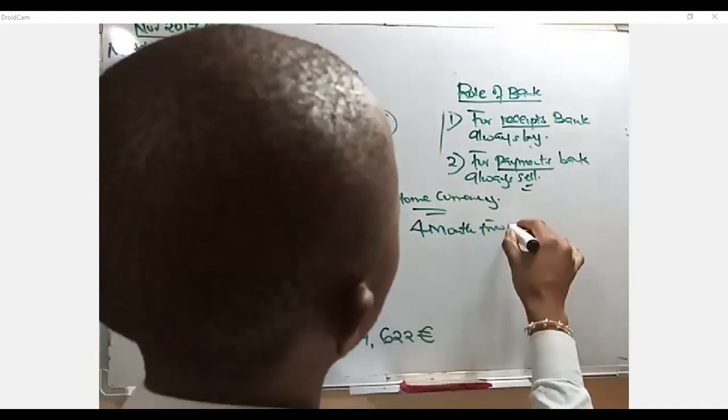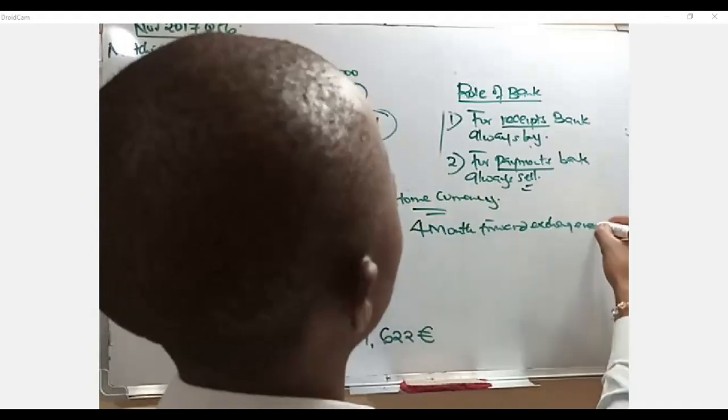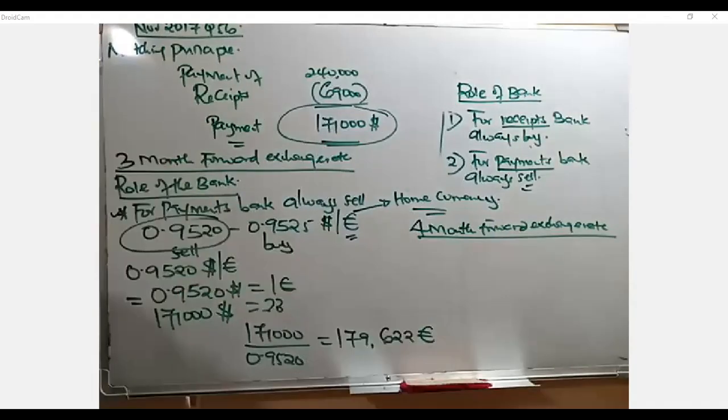Forward exchange rates, right? A 4 months forward exchange rate. The examiner can see very well that he has given you amounts totaling to 395,000 ASD.